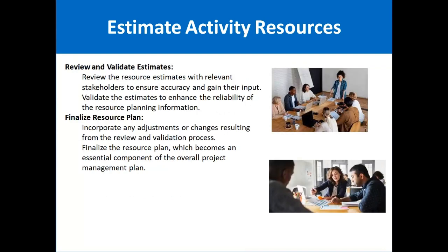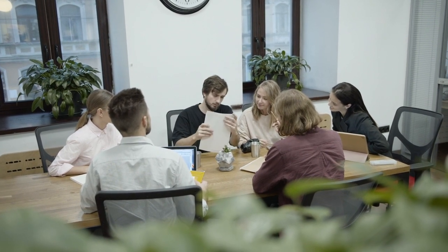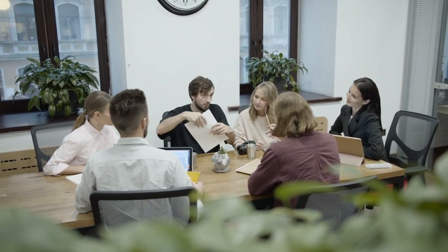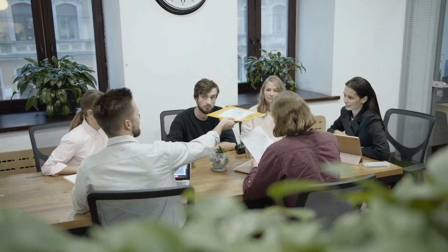Then review and validate the estimates. Whatever estimates you have made for the activities should be reviewed with all the stakeholders, especially with senior management and senior stakeholders. And not only reviewed, the estimates should be validated, to enhance the reliability of the resource planning information. If there are any discrepancies or any feedback from the stakeholders, it should be accommodated in the estimates.